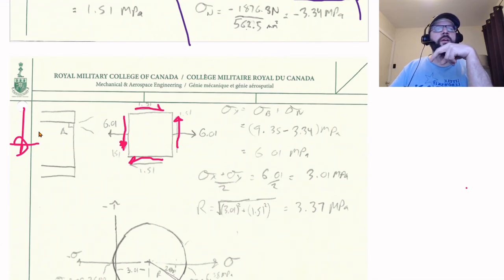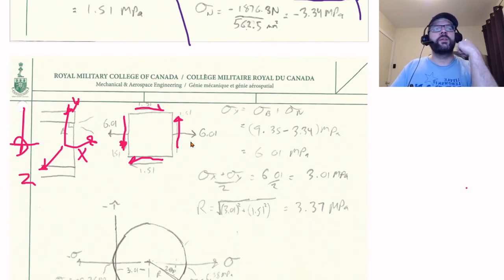So that means that this here is a positive shear stress. It's a positive shear stress on the positive x face because it's pointed in the positive y direction. This is x, that's y, z goes in this direction.